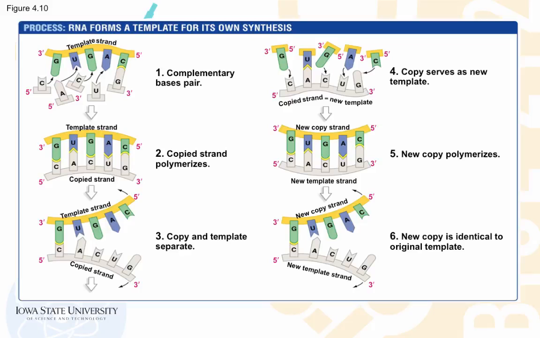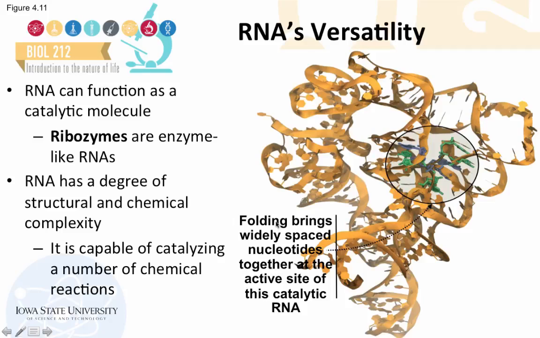This copy now serves as a new template to generate another copy that polymerizes to form a strand that is identical to the original template. So if you look at the original template strand and the second copy that is made, they're identical to each other.